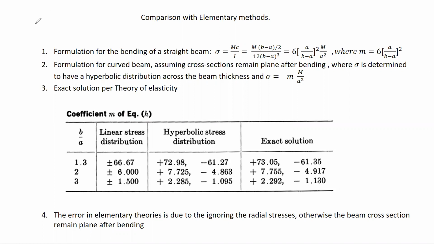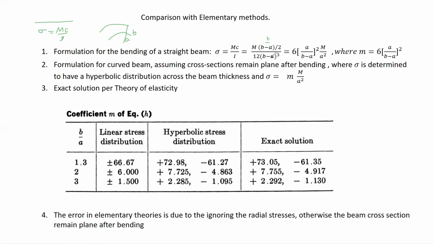First, you consider the formulas for a straight beam. Sigma is equal to Mc over I, where c is half the thickness of the beam and I is the moment of inertia. If you rearrange it for the geometry of the curved beam that we have, if this is B and the other one is A, B minus A is the thickness.